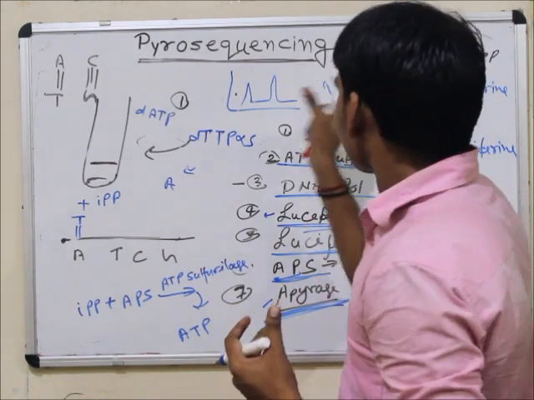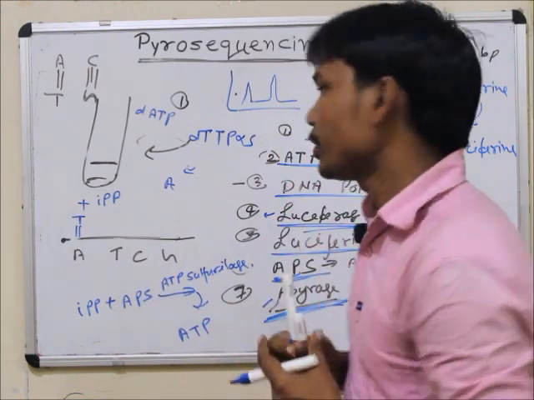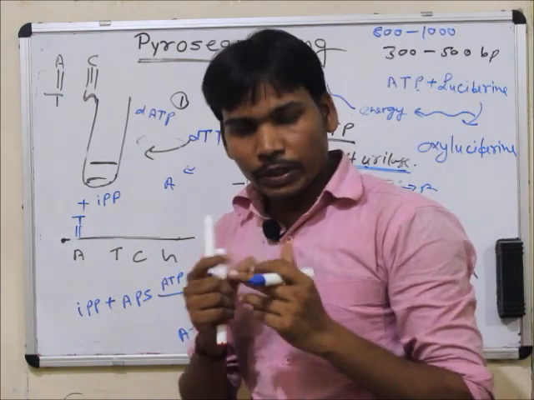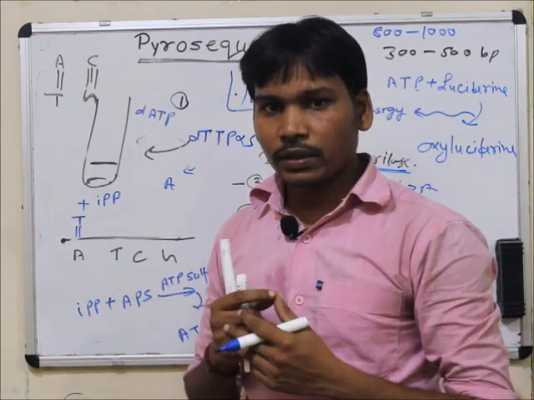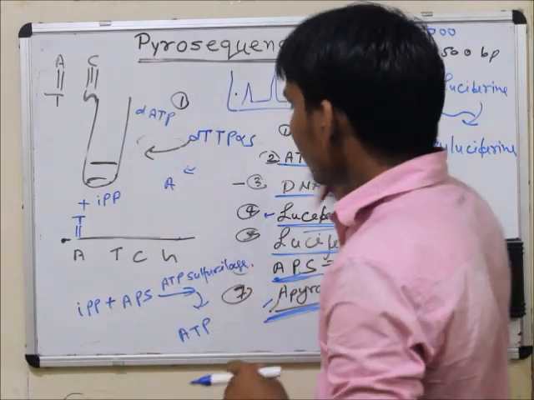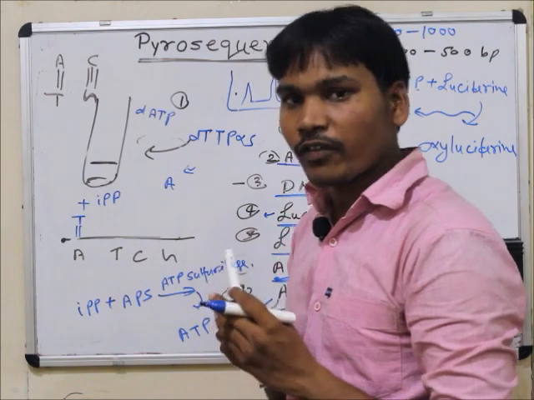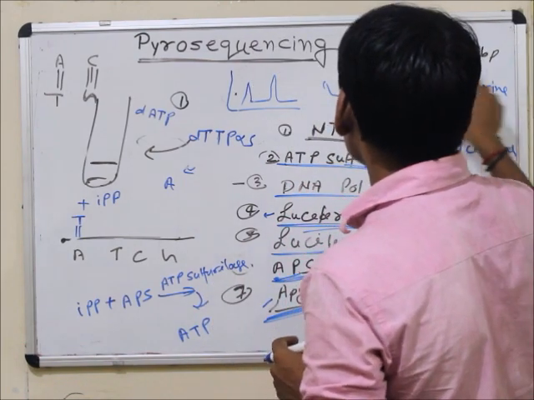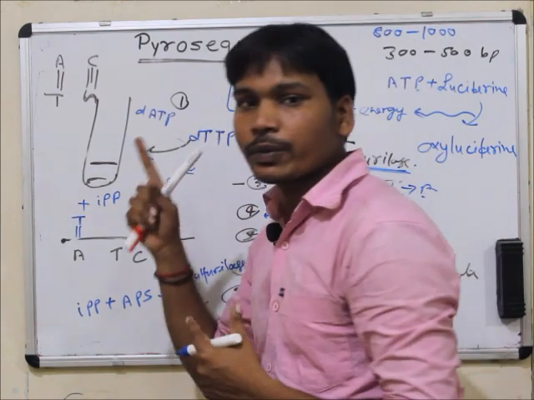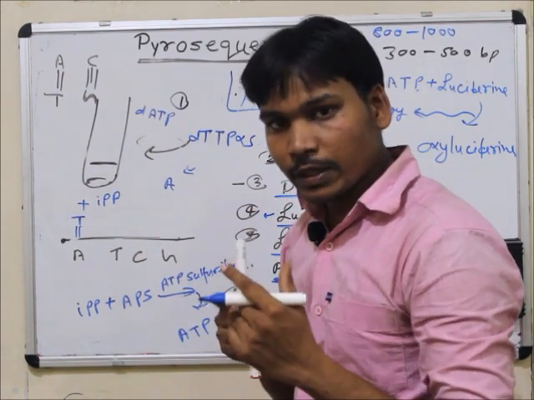It will sequence 300 to 500, but a lot of fragments are required. Suppose the human genome is very long, 3 billion base pairs. Then different restriction endonucleases are required to digest it into smaller fragments of 300 to 500 base pairs, which can be sequenced by pyrosequencing, but contig formation would be a problem.